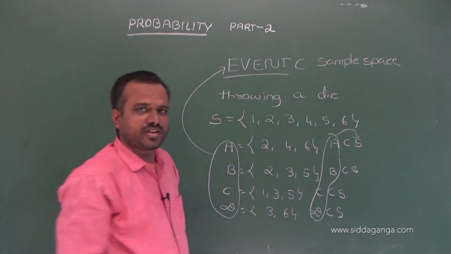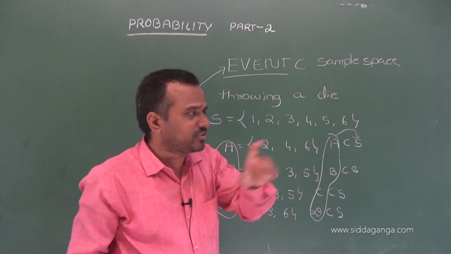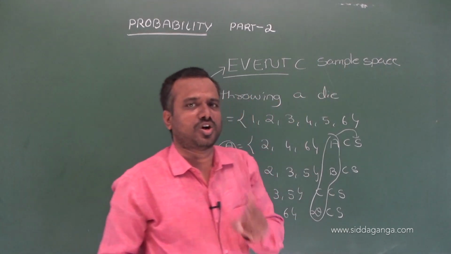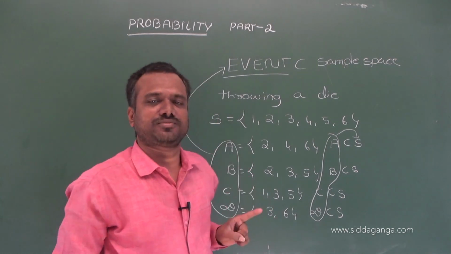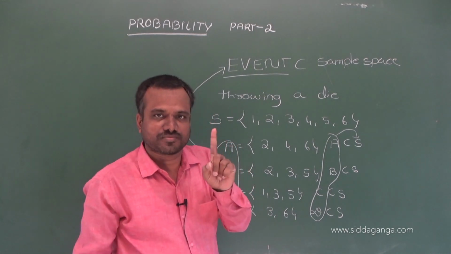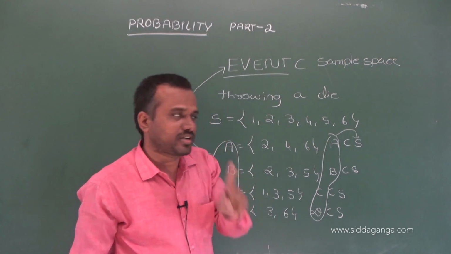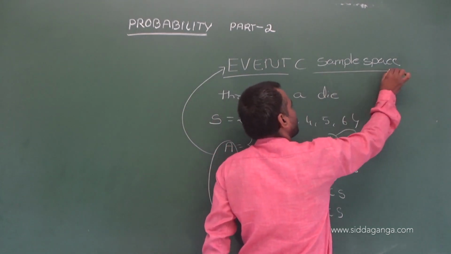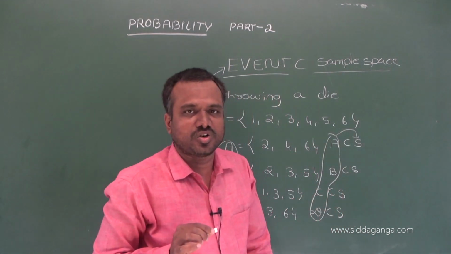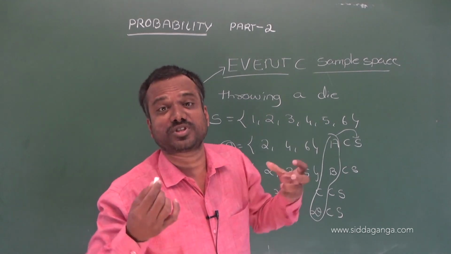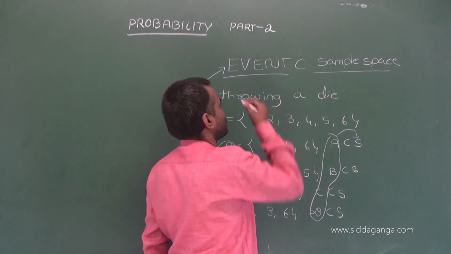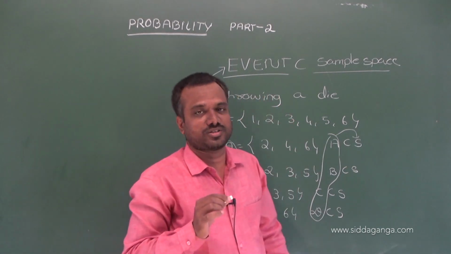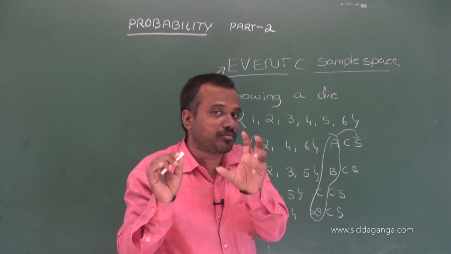Any subset with respect to the sample space is called an event. Any subset of a sample space, or else with respect to the sample space, is called what? Event. That is very important.